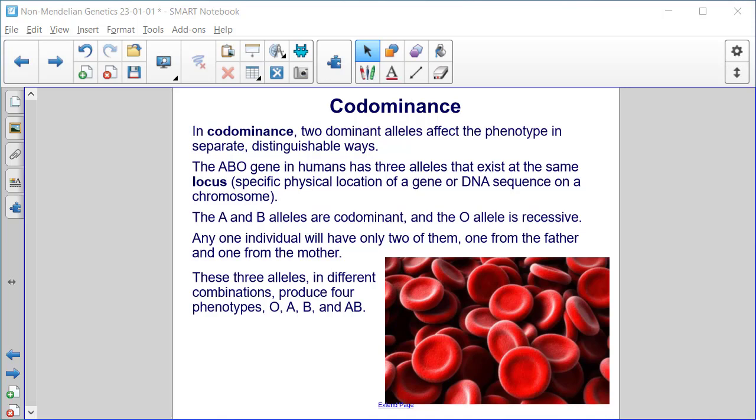The A and B alleles are codominant, and the O allele is recessive. Any one individual will have only two of them, one from the father and one from the mother. These three alleles in different combinations produce four phenotypes: O, A, B, and AB.